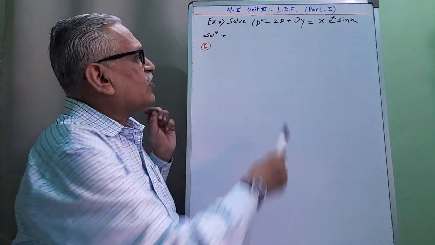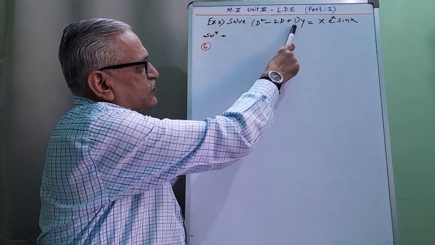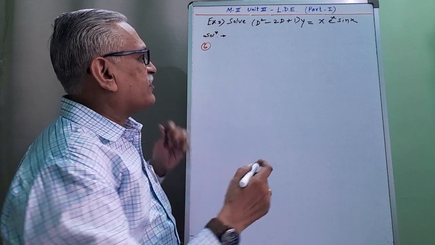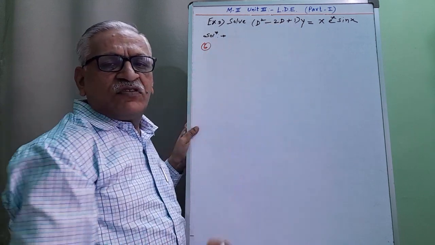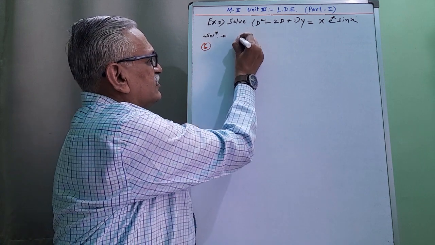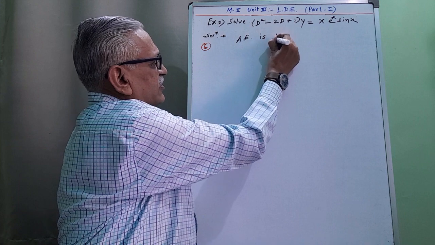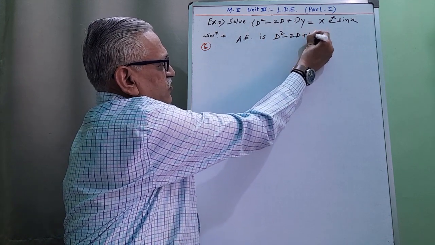Second example, solve the linear differential equation (D² − 2D + 1)y = x e^x sin x. Once again for 6 marks, the auxiliary equation is D² − 2D + 1 = 0.